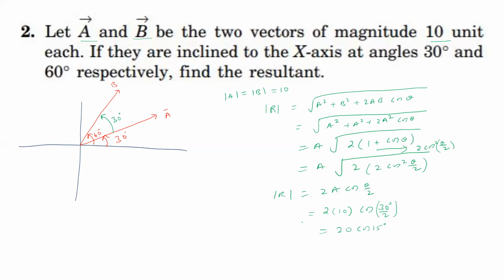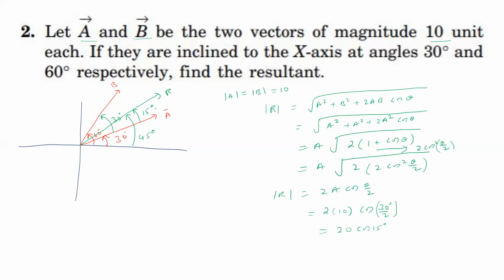That means the magnitude of the resultant of these two vectors is 20 cos 15 degree, and the resultant vector will bisect the two vectors. When two vectors are equal in magnitude, the resultant vector will bisect the angle between the two vectors. That means the resultant makes angle 15 degree from the a vector. So now the resultant makes angle from the x-axis as 15 degree plus 30 degree, which is 45 degree.